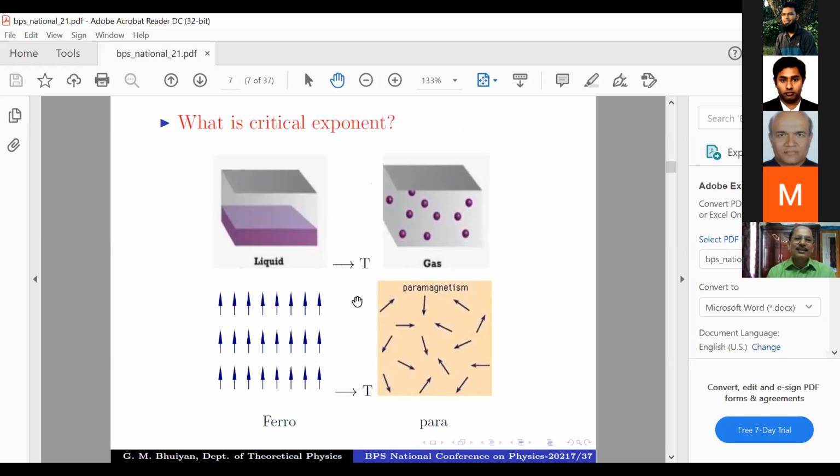To understand it clearly, we look at two different phenomena here. You see the liquid to gas phase transition when we increase the temperature. And it is a different phenomenon, ferromagnetism to paramagnetism. Here there is a magnetic ordering, and in the paramagnetism, when we increase the temperature, there is no ordering, and there is a certain temperature.